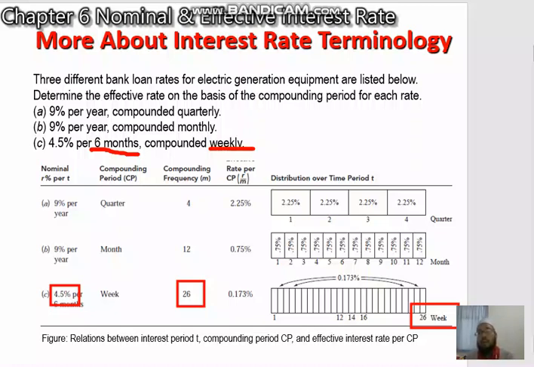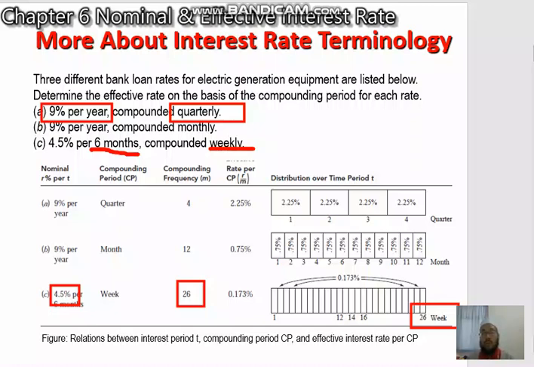This figure again wants to show us the relationship between the interest period T, compounding period CP, and effective interest rate per CP, per compounding period. It also visualizes the differences between nominal and effective interest rates. 9% per year, but compounded quarterly, it means 2.25% every quarter, and the nominal is 9%, but the effective is not yet 9%.